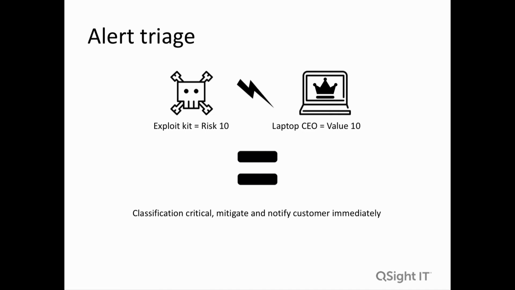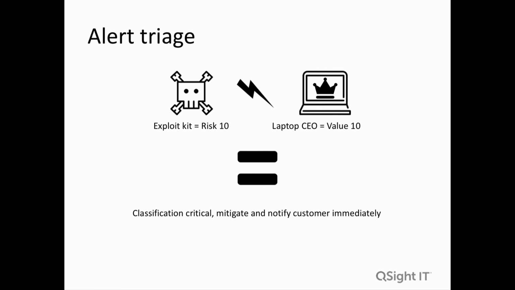Wow. We give this asset, in this case just an asset, a value, in this case a value 10. So this goes into the equation, and we classify this as a critical infection or critical event, and mitigate and notify the customer immediately in this case.